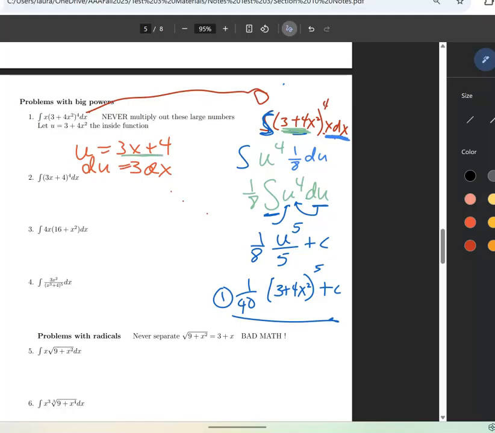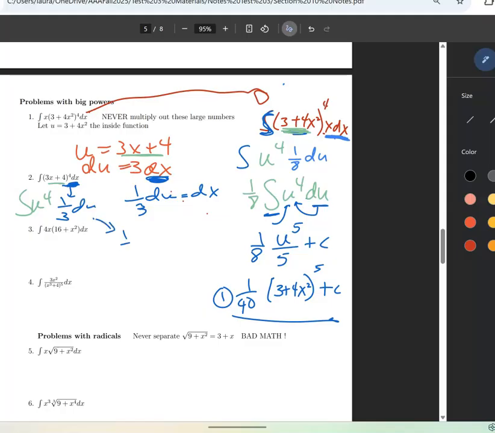I can put this in, so I get u to the 4th. This one says I just need something to replace dx. Well, here's dx, so I'm going to multiply through by 1/3. So dx can be taken out, and I can put in a 1/3 du.